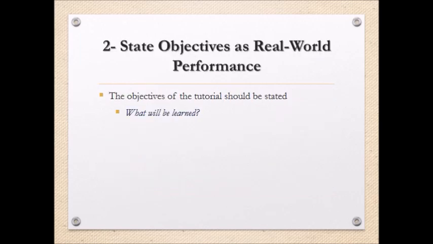Second guideline, state objectives as real world performance. The objective of the tutorial should be stated. We need to define the purpose of the tutorial, and based on it we will define what will be learned within this tutorial.